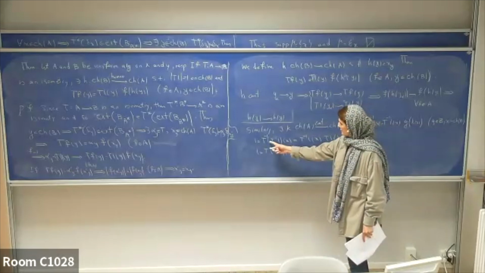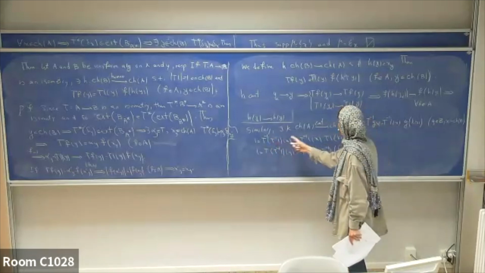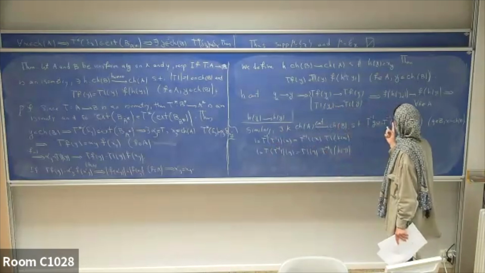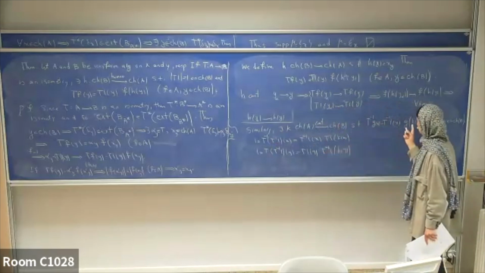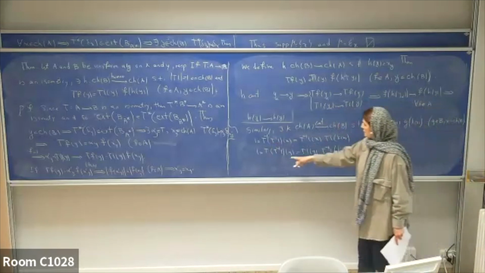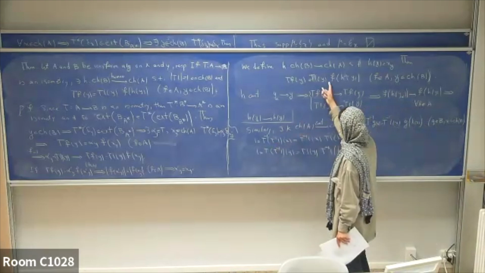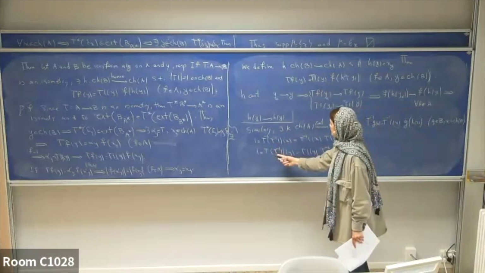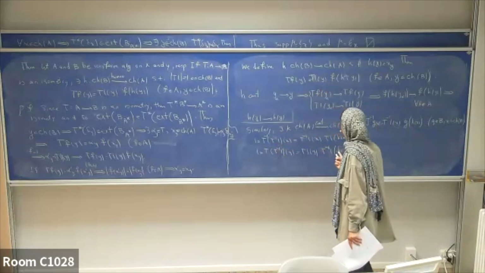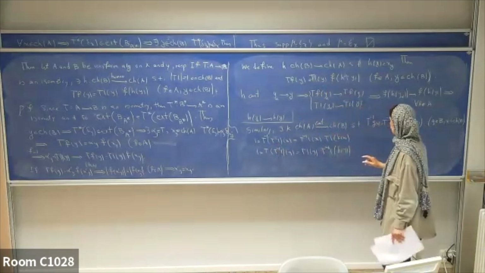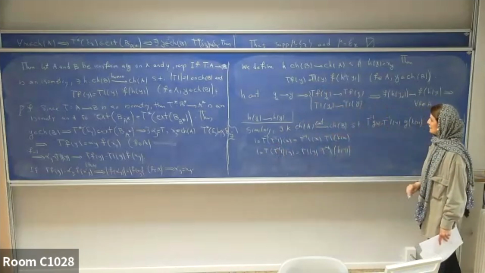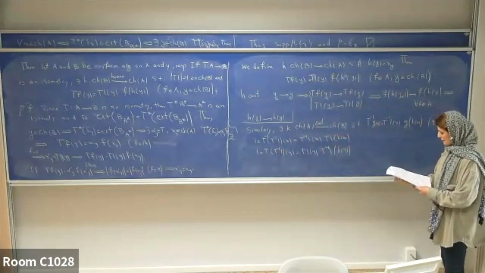For example, I use for T1 this part, T1 of x, T1 of K of x. And for this part, I use this one, T1 of y, T minus 1 of 1 at point H of y, nothing more. x in Choquet boundary of A and y in Choquet boundary of B.